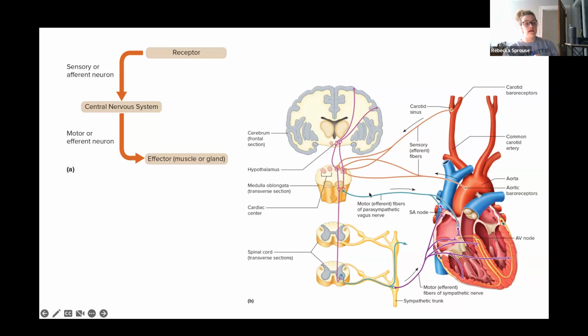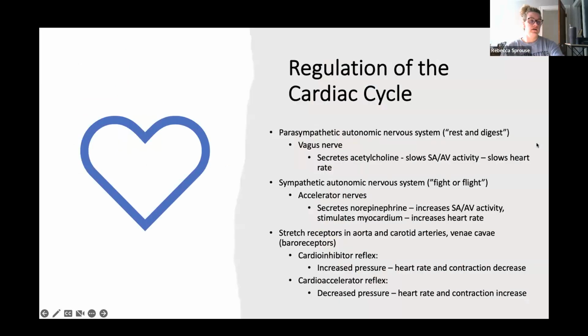And so then we have our integration in the brain, and then our effect would be targeting the SA node. You can even target the AV node as well. Or you can even target the bundle branches, Purkinje fibers, all of that type of thing. So I'm going to get into this in a little bit more detail here.